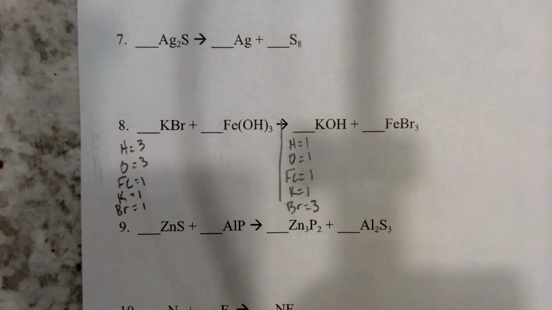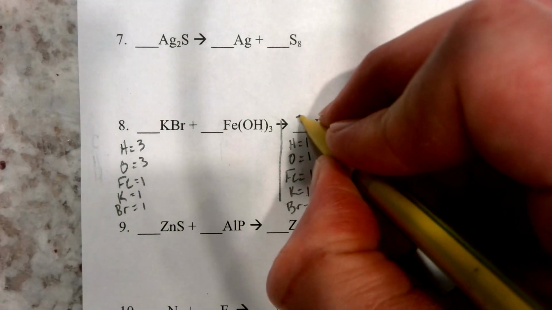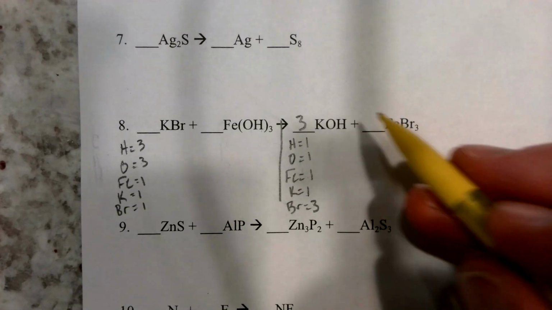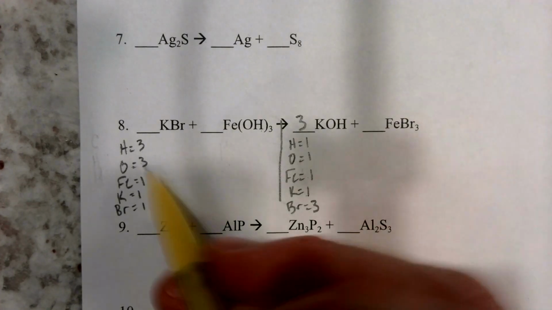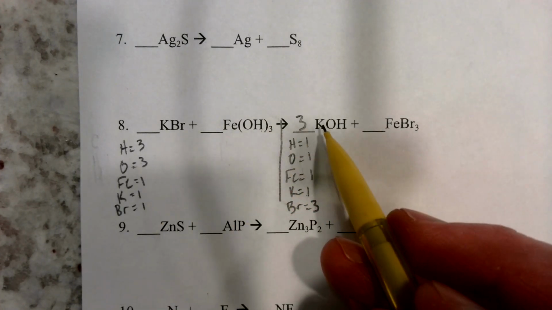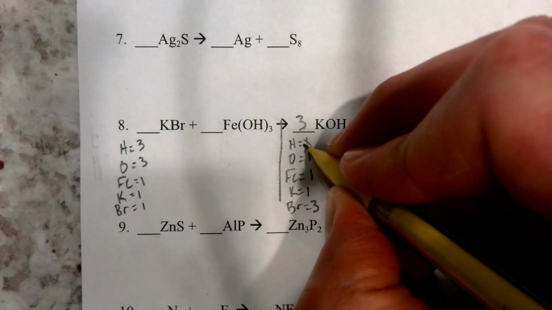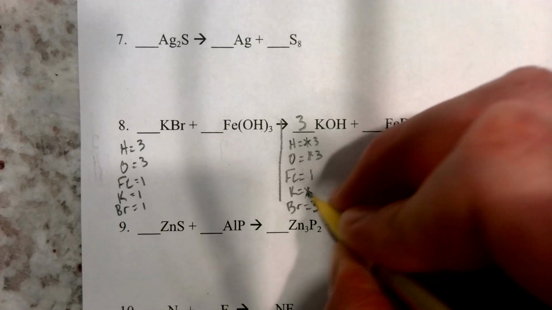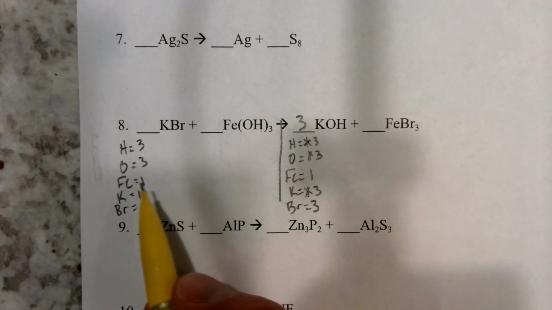So, I'm going to go ahead and balance my H's first. I'm going to put 3 there. Great. That balances my O's, it balances my H's. So, on some of the other problems, I said don't worry about counting them. I'm going to count them now because I've got to find out what I've got to do over here. So, I've got a 3, I've got a 3, my K is now at a 3. So now I can see my H's are good, my O's are good, my Fe's are good.